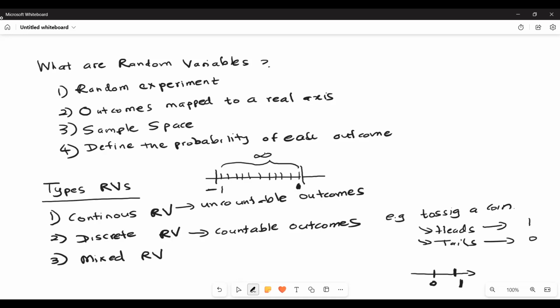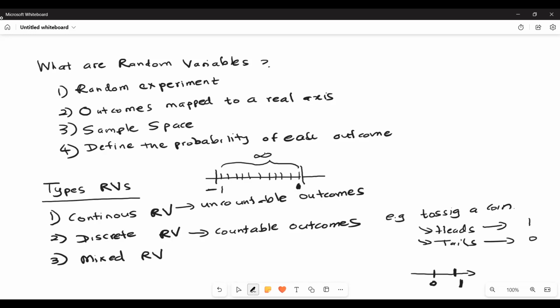If you define a different experiment, the outcomes in that experiment will be different. For example, if you define the experiment of having 2 heads at the same time, in that case the outcomes will be different.